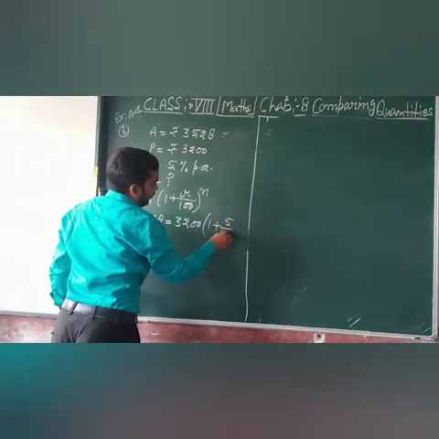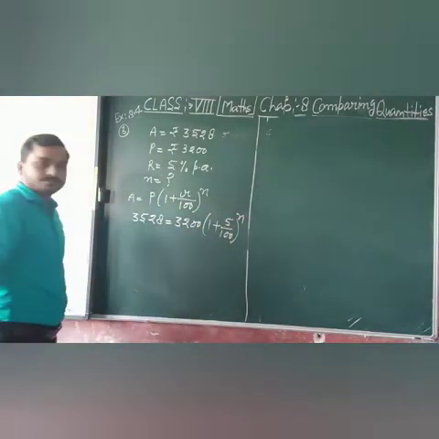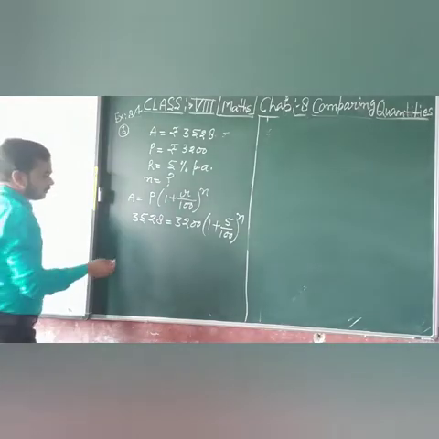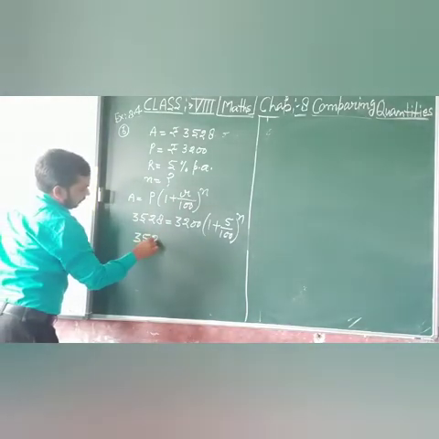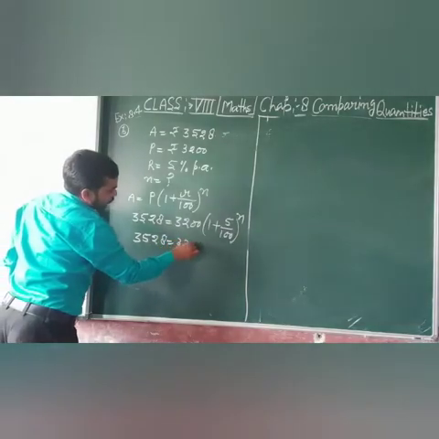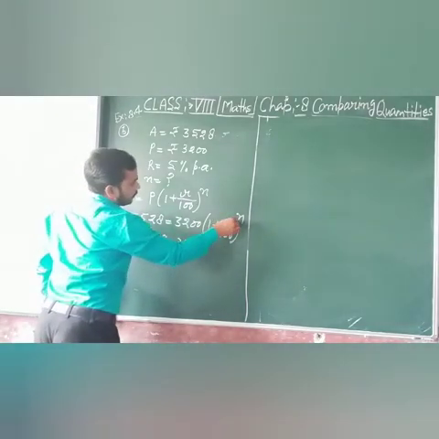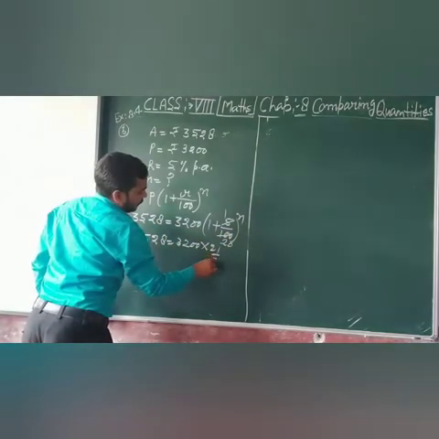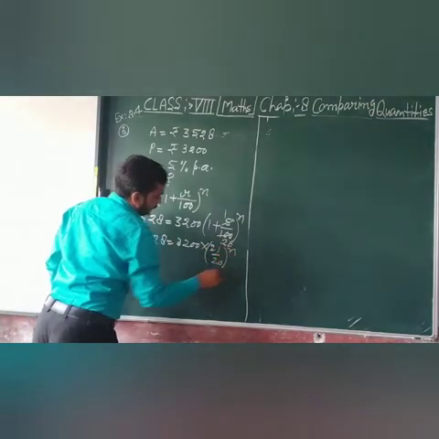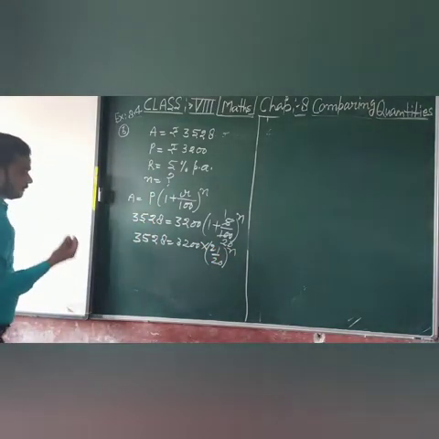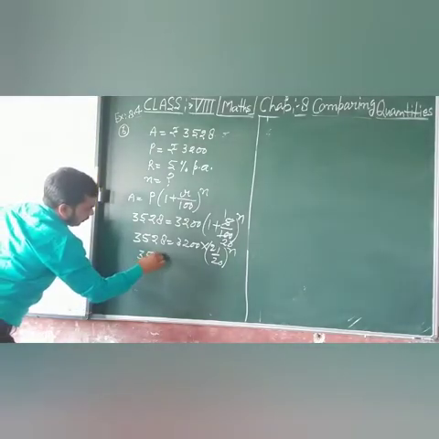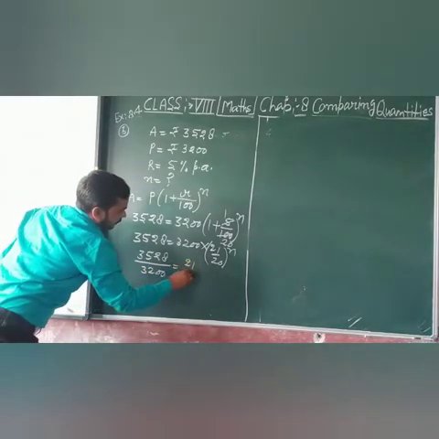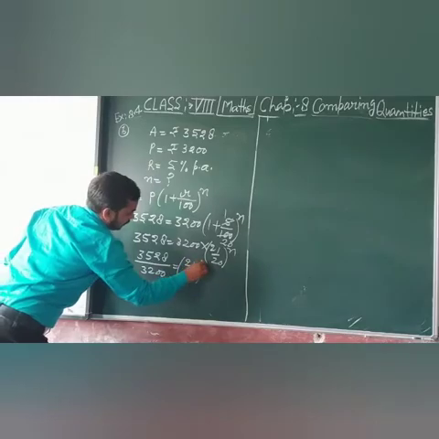So 3,528 equals 3,200 times (1 plus 5 upon 100) whole power n, which is 3,200 times (21 upon 20) whole power n. So 3,528 divided by 3,200 equals (21 upon 20) whole power n.